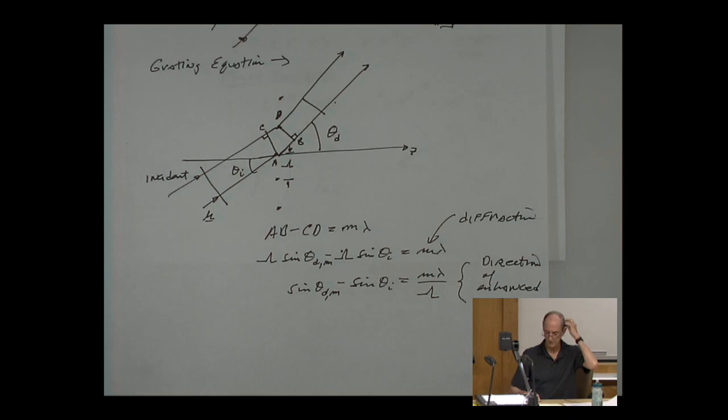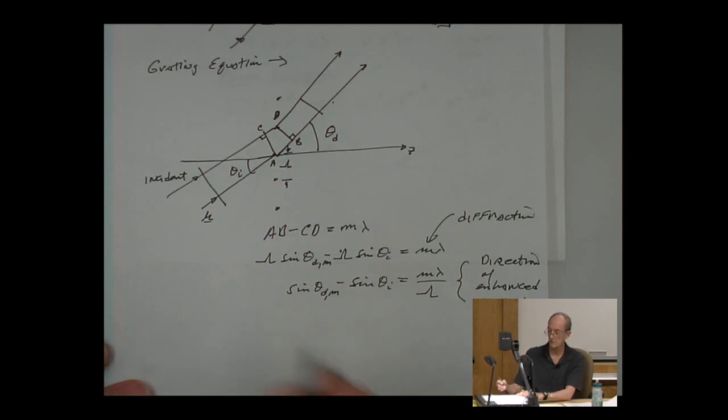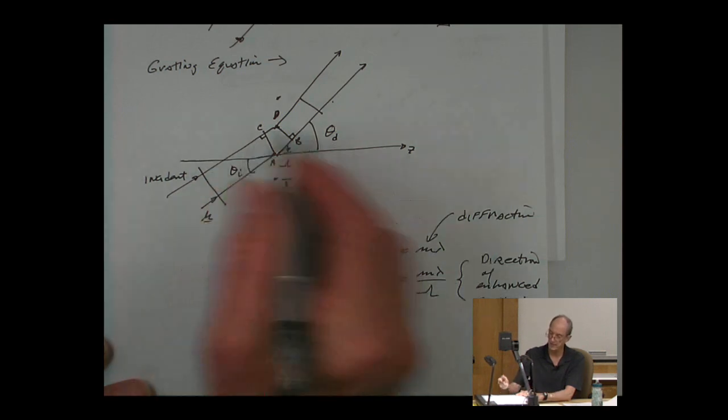Now there's a little bit of an ambiguity in this grating equation. You have to be a little bit careful. For instance, you could say that we can also have coherent superposition if we have the sum of those path lengths, I mean, the sum of those path lengths equaling an integer number of wavelengths is still going to give us a superposition of those fields. But in that case, we need to take into account the sign of the diffraction angle.